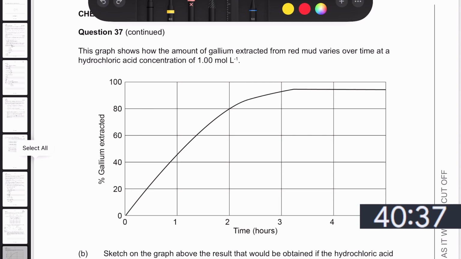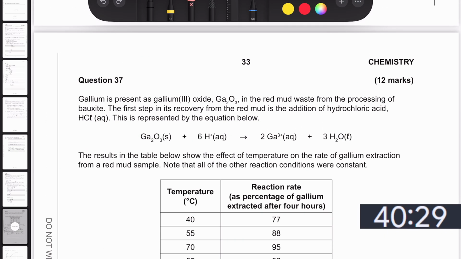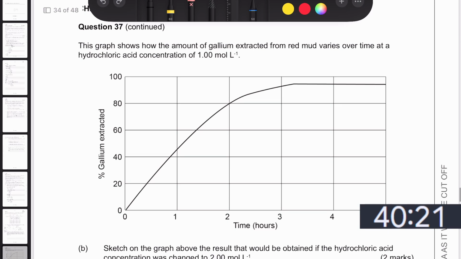Oh wait, would it go all the way to 100% gallium extracted? Okay, it goes to completion. So yeah, it would go to 100% and it would get there faster. Because I assume it's not 100% for the one already drawn, because it's being limited by the hydrochloric acid.